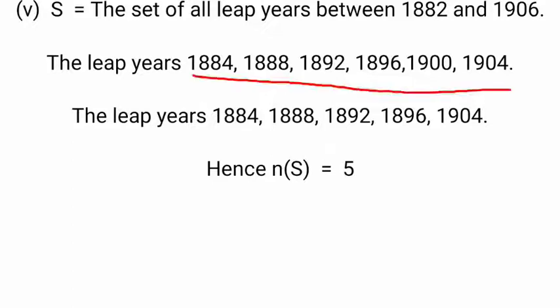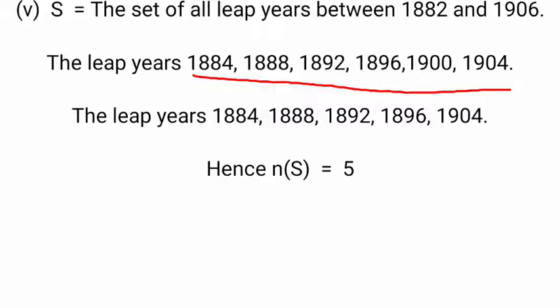The next number, 1884, is divisible by 4. Next we add 4 each time. Second number 1888, third number 1892, fourth number 1896, plus 4 means 1900, next plus 4 means 1904. That is between 1882 and 1906.